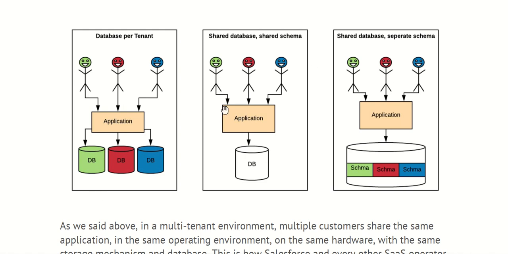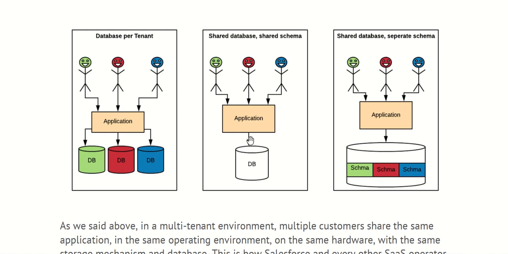Then comes single instance of the application and single database, with a shared schema. You have only one schema, that is dbo, but what you do is introduce a column called tenant ID or client ID. Whatever tables or domain entities you have in your application will have an extra column in their table called tenant ID or client ID.